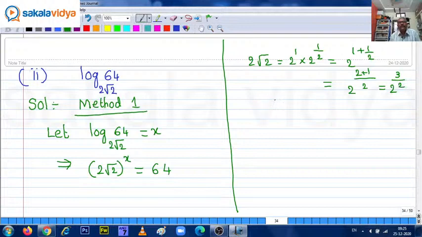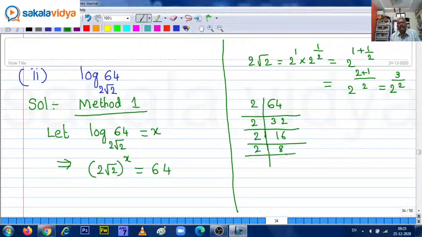Now 64: 2 thirty-twos are 64, 2 sixteens are 32, 2 eights are 16, 2 fours are 8, again 2 twos are 4. That means 64 equals, counting 1, 2, 3, 4, 5, 6, 2 raised to 6.